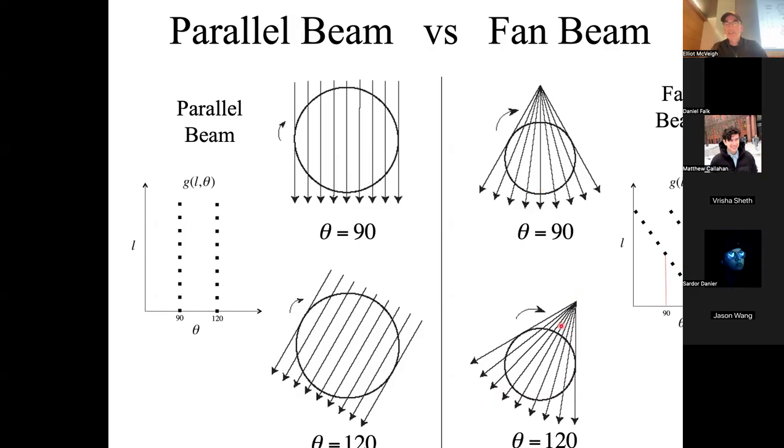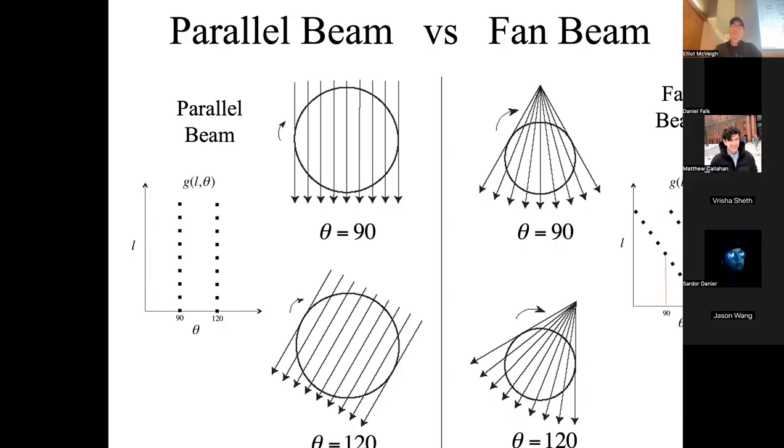Such that now the central detector straight through the phantom is at 120 degrees, and that's this point here. So this center detector here is this here. And then if I go to higher angles, I map out these points. If I go to lower angles this way, I map out these points.